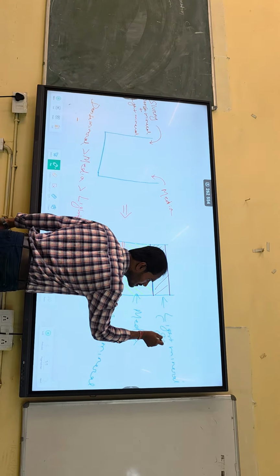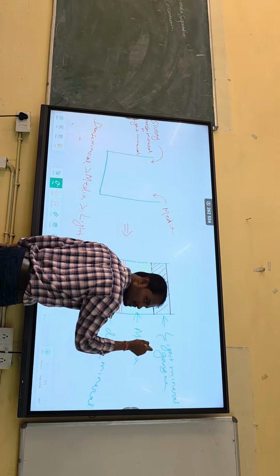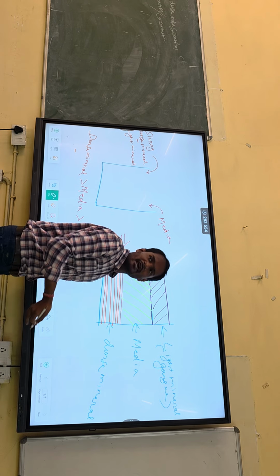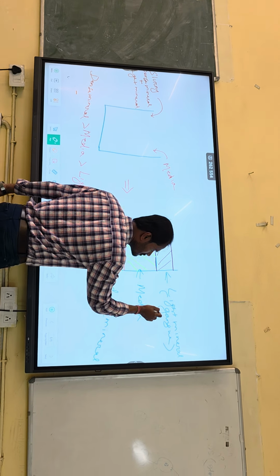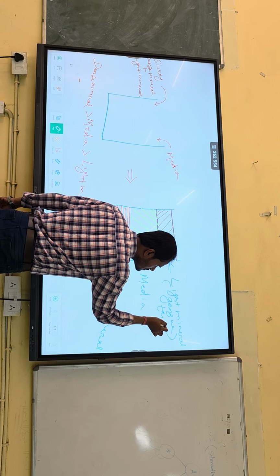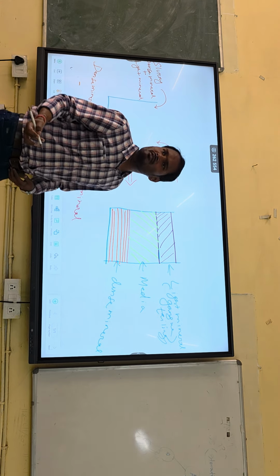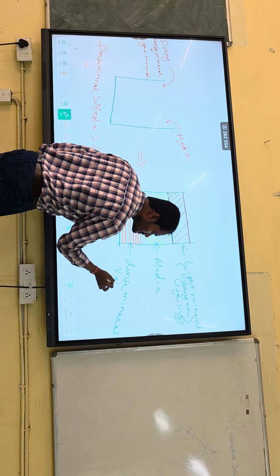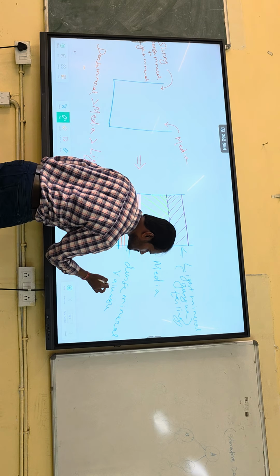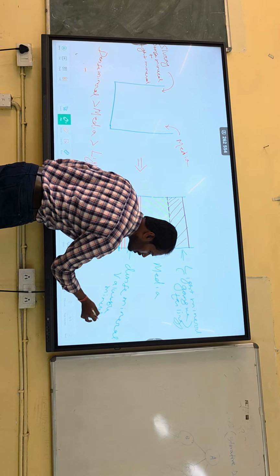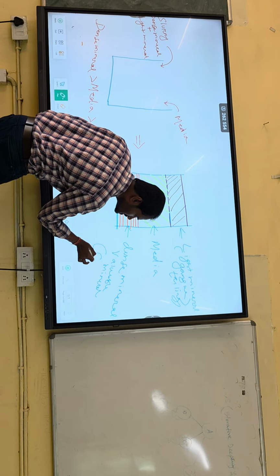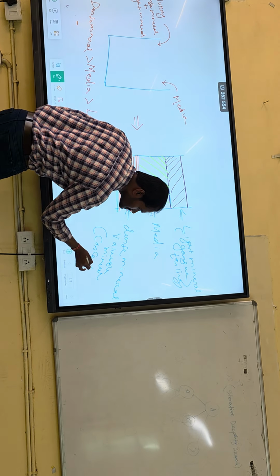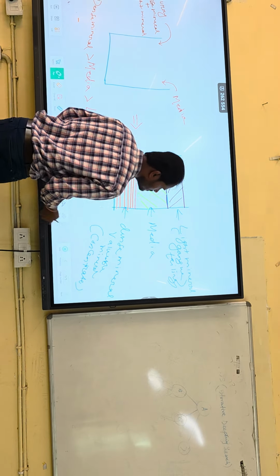Technically, if most of the gangue is there and less valuable mineral, you can call it tailing also. This is your tailing. And this one will be your valuable mineral, or in other words, the concentrate. And this is your media.